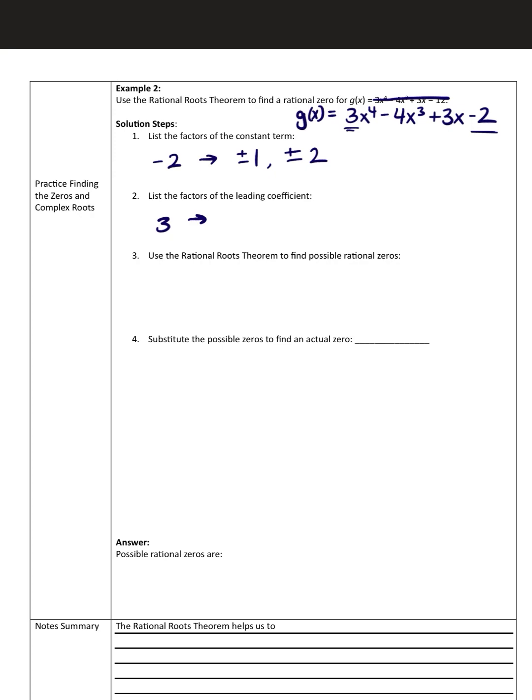The factors of positive 3 are positive 1, negative 1, positive 3, and negative 3, okay? And now I'm going to use my rational roots theorem, which is my P's and Q's, to identify possible rational zeros. So possible rational zeros would include positive and negative 1, positive and negative 2, positive and negative 3, positive and negative 1/2, positive and negative 1/3.